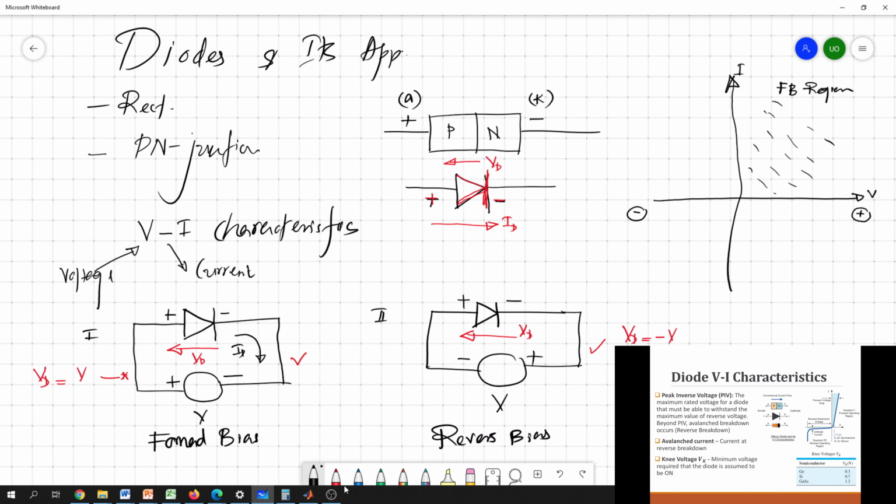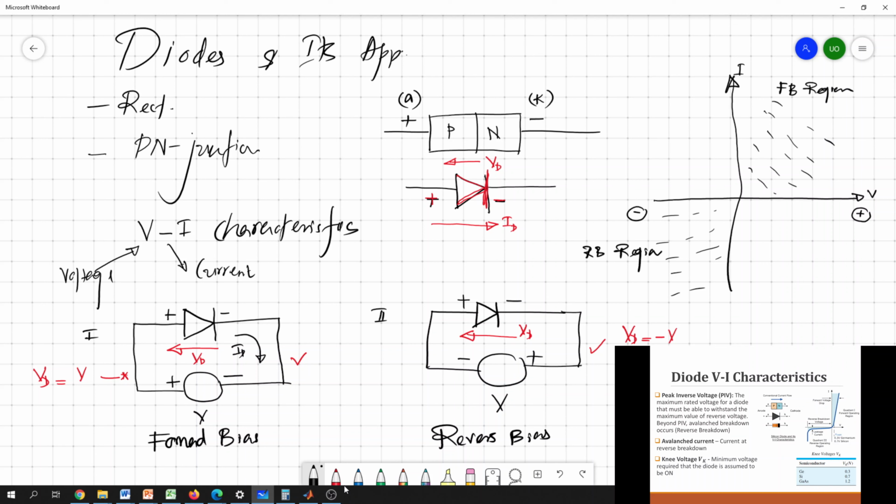And once you apply negative voltage, we know that the current flow would be in the negative direction. So this is actually the reverse bias region. Okay, so the forward bias region and the reverse bias region.